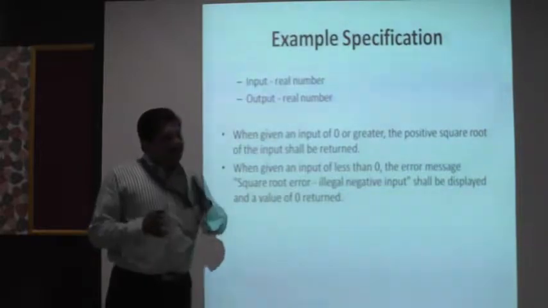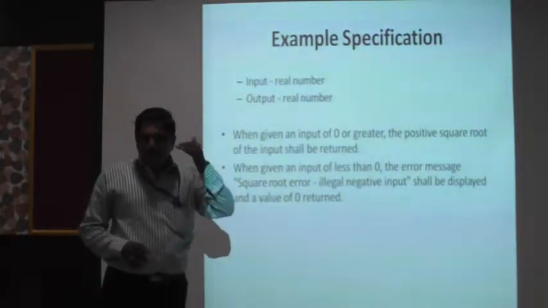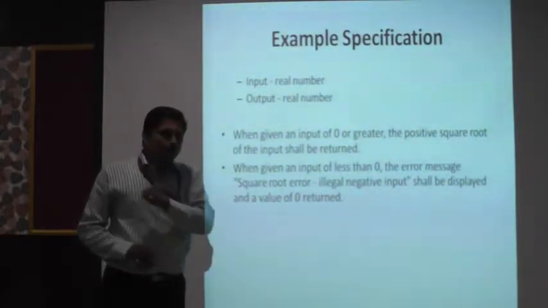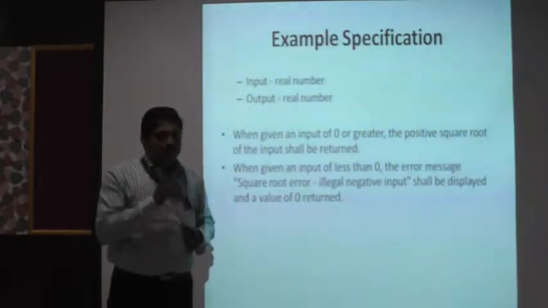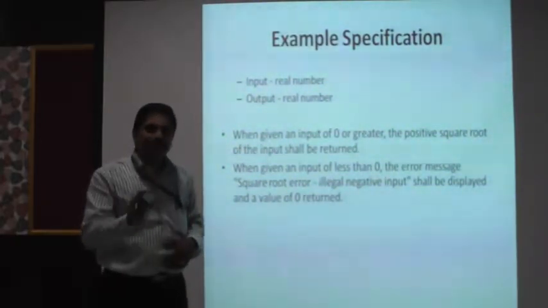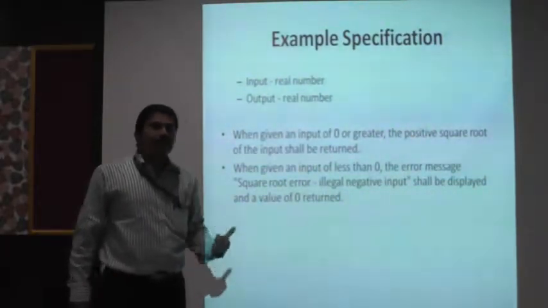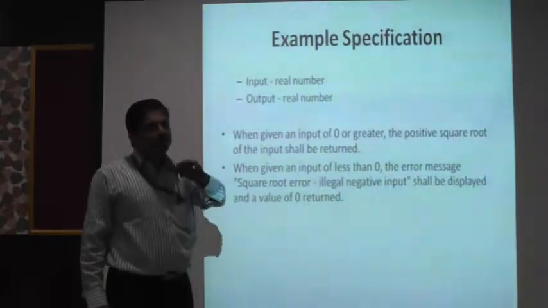Here, if it is less than 0, it should raise an error. If the number is greater than 0, it should give the output. So my input is 4, and 4 is greater than 0, hence the square root of 4 is 2. Whereas if I give -4, which is less than 0, it should raise an error.